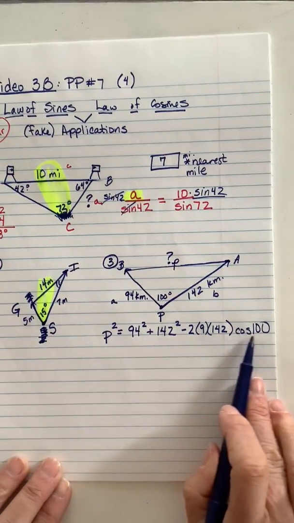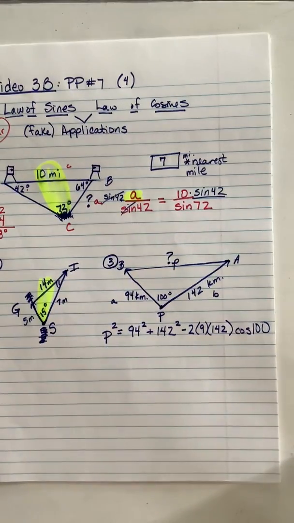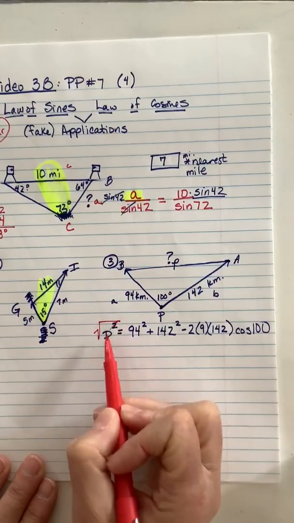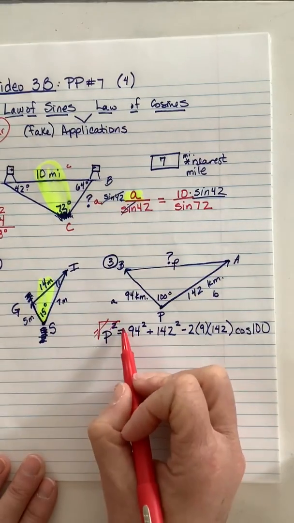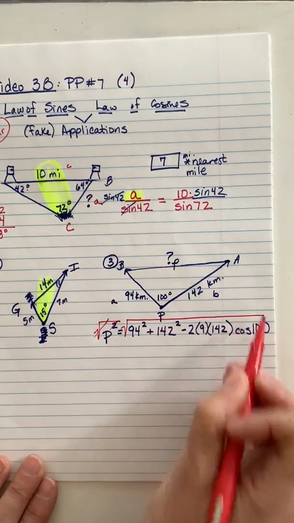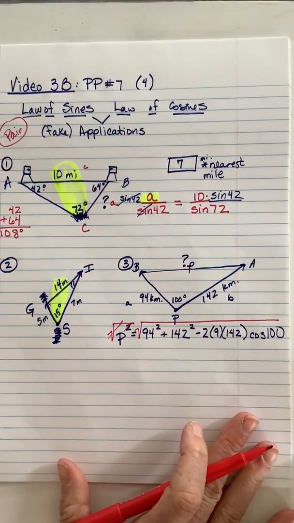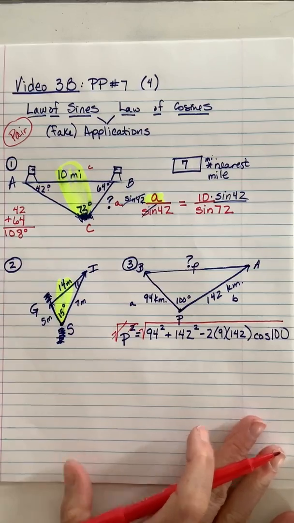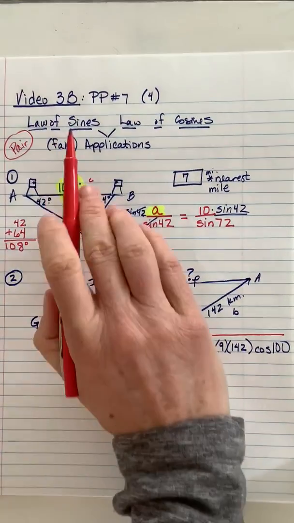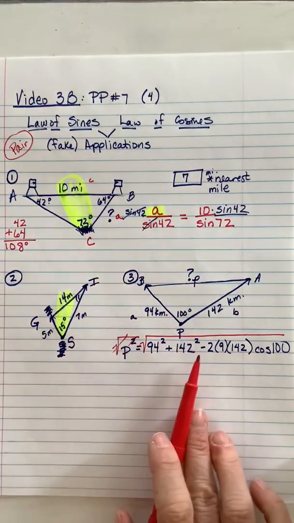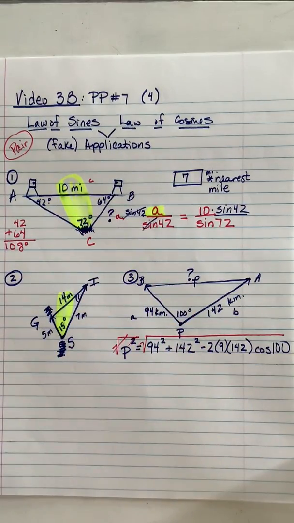This one's my favorite because what's the only thing we have to undo? The squared. There's your square root. And away you go. I'm not going to finish these for you because I've done so many of them. But again, you're going to have to just decide whether you have that complete pair, or if you don't, you're going to be using the law of cosines.